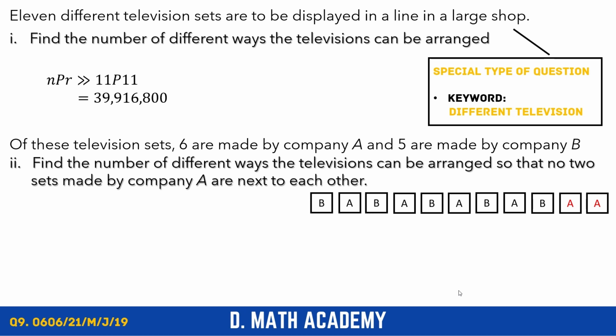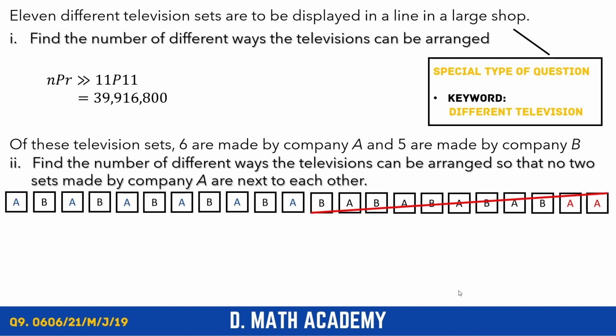So this is the arrangement that we don't want to happen, as stated by the question: no 2 sets made by company A are next to each other. So instead of just following this, I listed down another one. It starts from A. For that, it satisfies the question since there's no two televisions from company A next to each other.